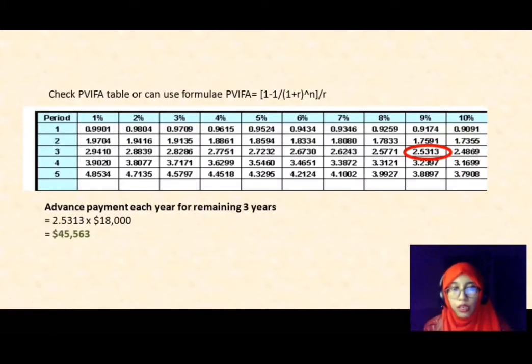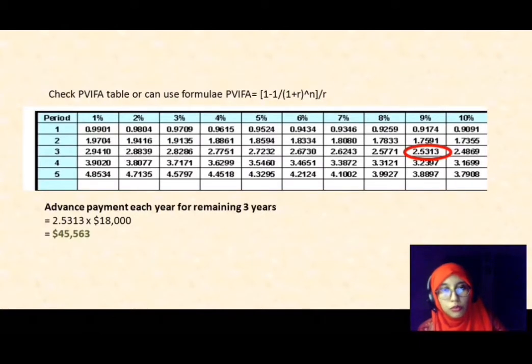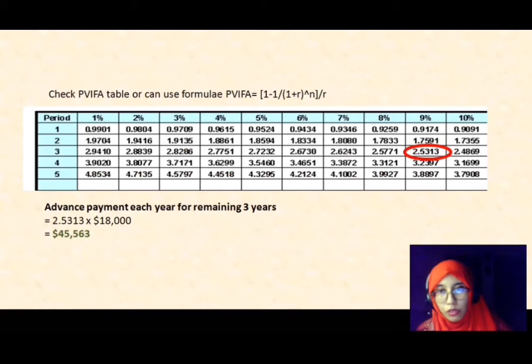So first we need to calculate the present value of 18,000 in the future. How do we know that? We take the 18,000, and we know that we pay 18,000 for 3 years. The liability, we need to pay 3 times. So we need to use PVIFA because it is a series of payments.